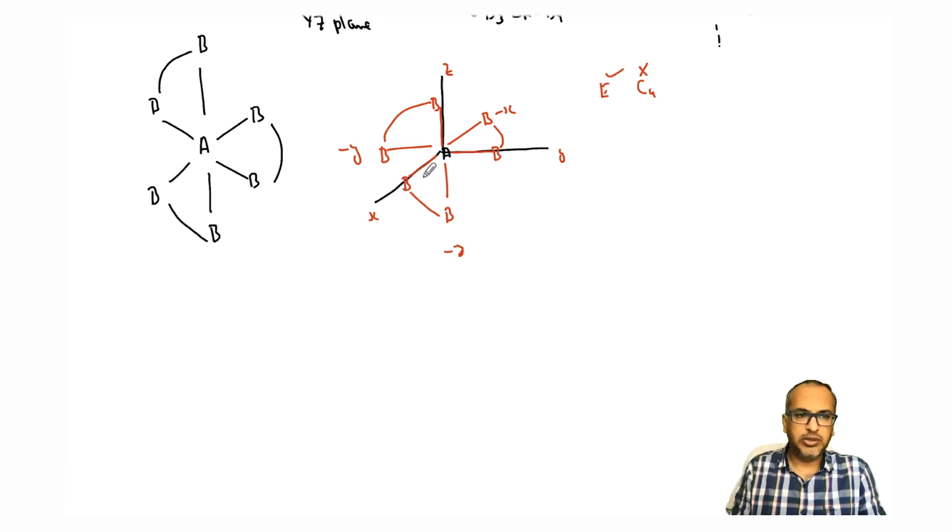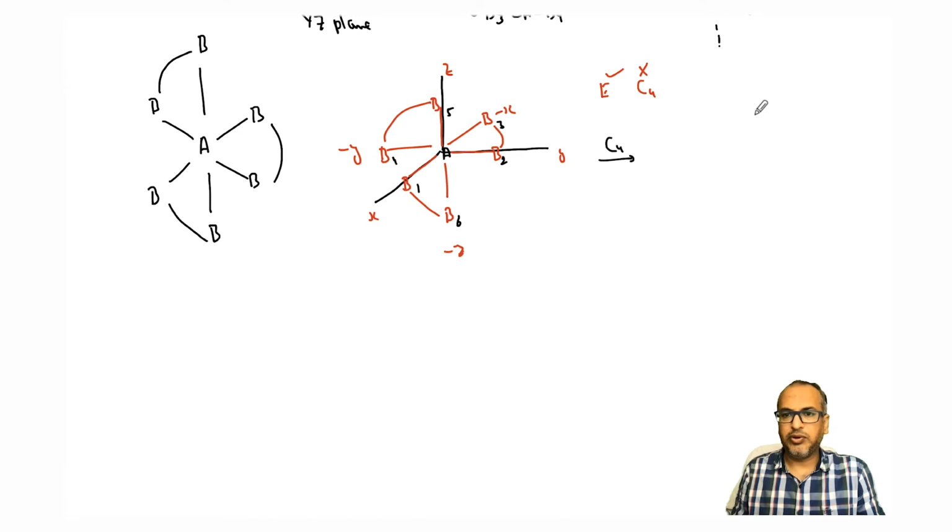So let us number these 1, 2, 3, 4, 5 and 6. So B3 goes to B1 if I do a C4 axis, and B1 goes to B2, right? Now if you do that, let's try to do this operation C4.